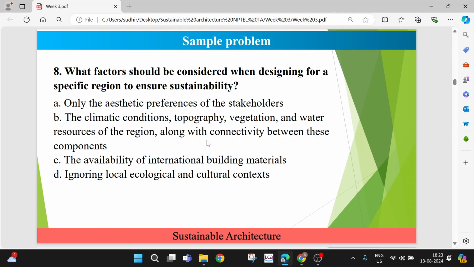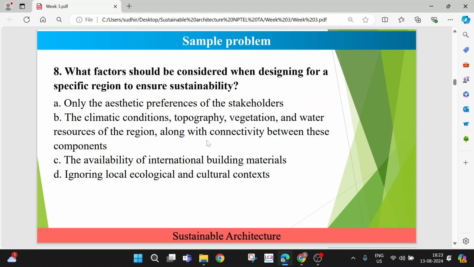Option B, sir. Option B is correct. So I think all of you are mentioning B only.